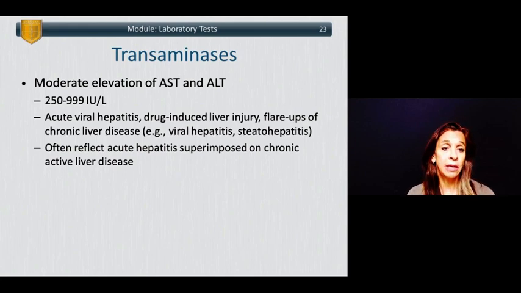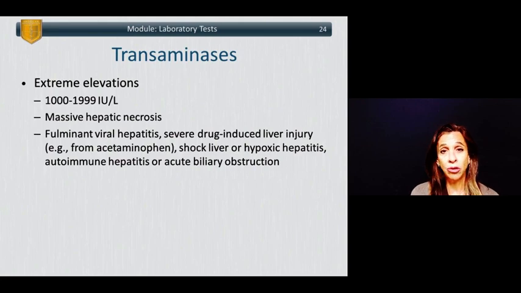These occur in the setting of acute viral hepatitis, drug-induced liver injury, and flare-ups of chronic liver disease, such as viral hepatitis or fatty liver disease. They often reflect acute hepatitis that is superimposed on chronic active liver disease. More extreme elevations of transaminases occur with levels of 1,000 and above.